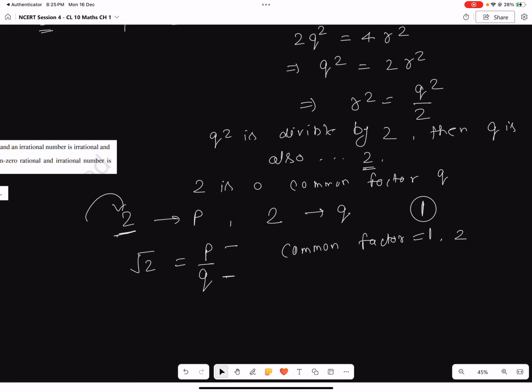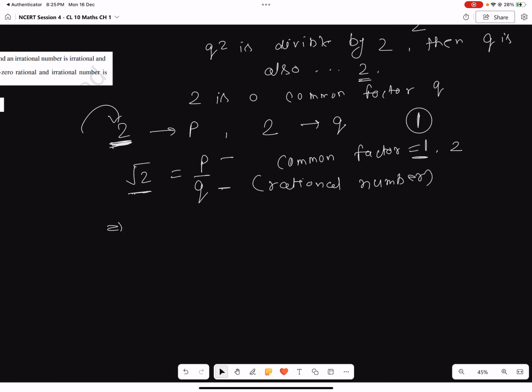So this is the method of contradiction. We started with an assumption that root 2 is a rational number, and to be a rational number, the common factor has to be 1, but we have calculated that there is another common factor of p and q, that is 2.